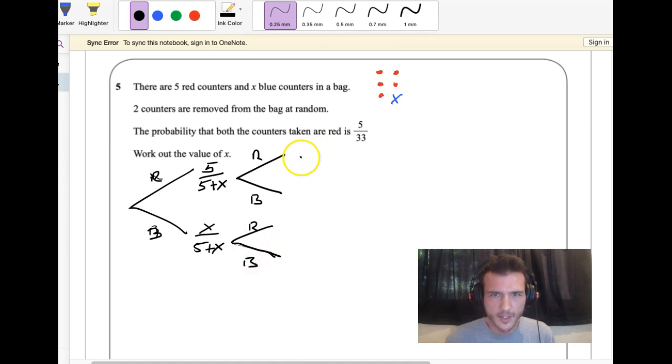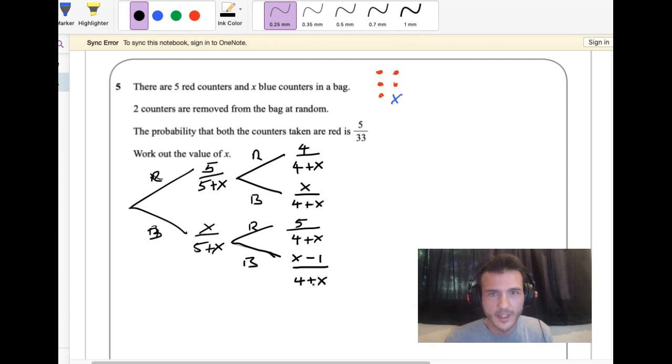So the second time we pick a red, it's gonna be 1 less, so there'll be 4 reds out of 4 plus X. Pick a blue first, blue, still X blues out of 4 plus X. But we pick a blue, then we pick a red, still 5 reds over 4 plus X total. Pick a blue, then another blue, it's going to be X minus 1 over 4 plus X.